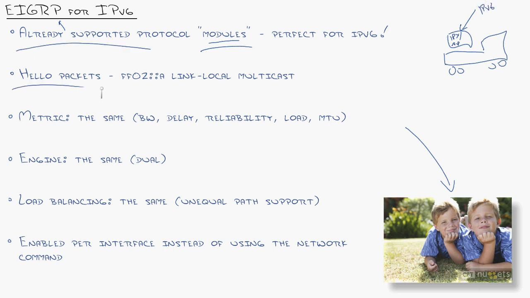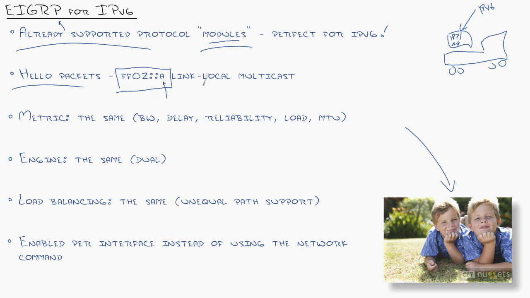Now, the hello packets are still used, so it still forms neighbor relationships like it did with IPv4. However, instead of using 224.0.0.10, which I believe was the multicast hello address in IPv4, now it's FF02::A.